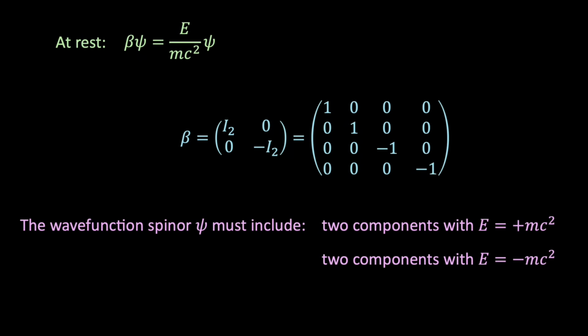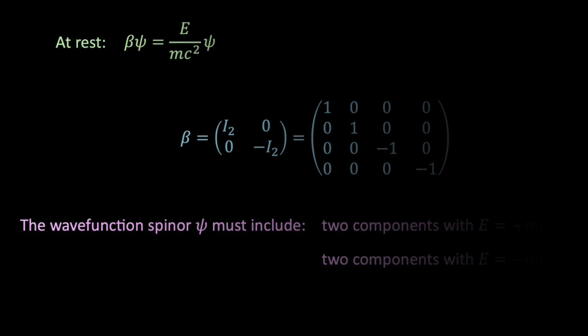So the negative energy solutions aren't just a weird optional extra, they're essential. Without them, the Dirac equation simply doesn't work. You'd lose half the degrees of freedom, and the equation would no longer describe all possible physical states. The mathematics insists the negative energy states must be there.